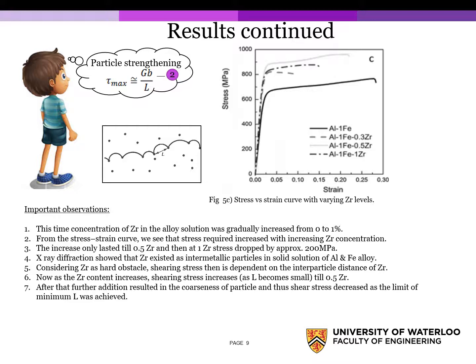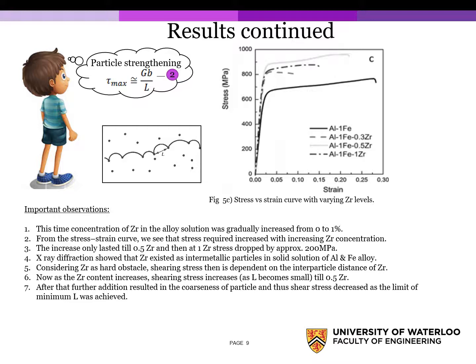On doing X-ray diffraction, it showed that Zr existed as intermetallic particles in a solid solution of aluminium and iron alloy. Considering Zr as a hard obstacle, the shearing stress is then dependent upon the interparticle distance of Zr, as shown by relation 2.